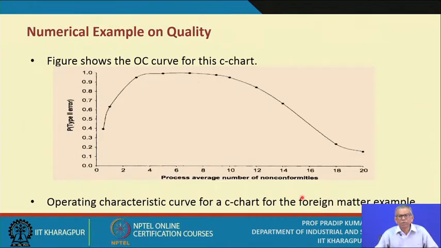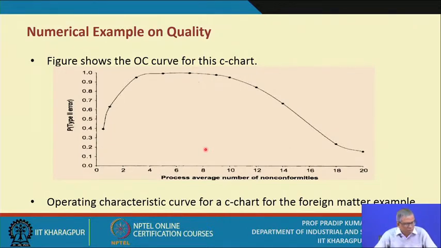Okay. So, that is the typical nature or property of a general purpose control chart. When you plot all these values, you get a curve of beta versus the possible values of C. So, you have a typical OC curve, it looks like this, okay, for the C control chart, right.